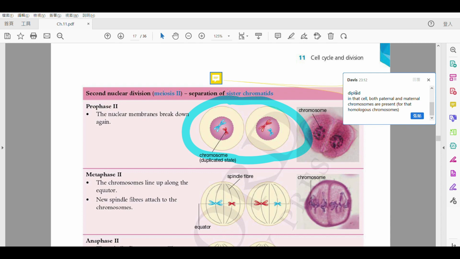Diploid 咩意思？即係代表有 two sets 啊。Two sets 嘅意思，two sets that means 有 father 有 paternal 嗰邊，亦都有 mother 有 maternal 嗰邊啦。Alright，咁 that means 就係 both paternal and maternal 嘅 chromosome are present for that pair of homologous chromosomes. Okay, for that pair 或者啦 pairs, okay, of homologous chromosomes.